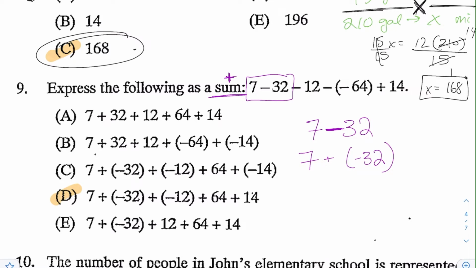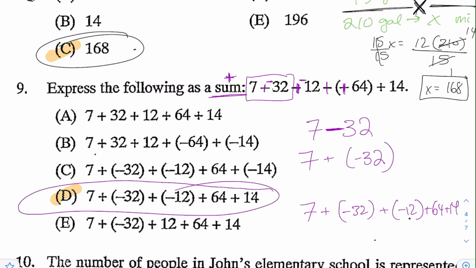But you want to unsimplify it. So you'll be adding a negative 32, adding another negative 12, and here when you subtract a negative 64, you're just adding. So this will turn into 7 plus negative 32 plus negative 12 plus 64 plus 14. And that's choice D.